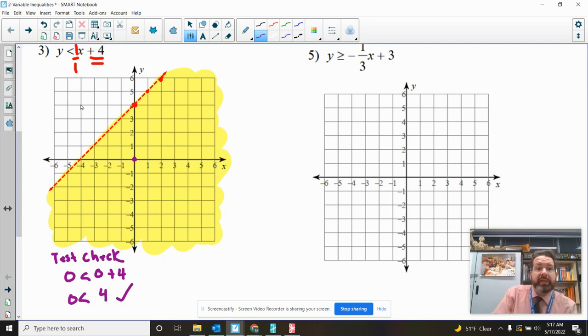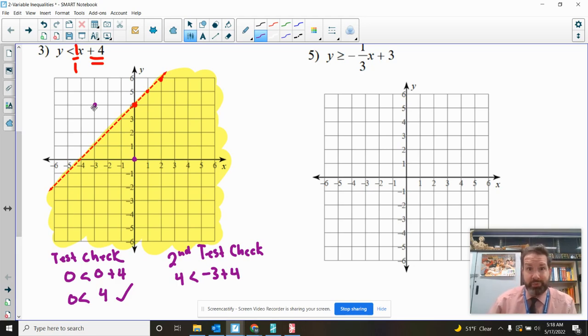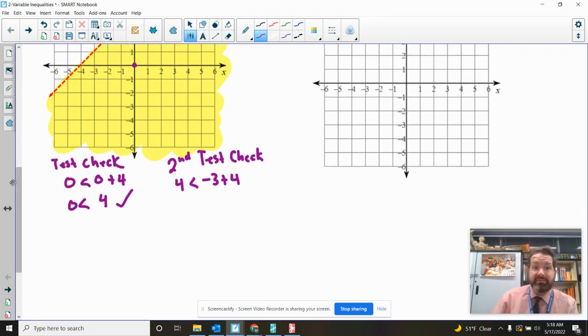So if I pick a point over here, like say this one, where x is -3 and y is 4, for our second test check, I should be able to put a 4 in for the y, a -3 in for the x, and what we want this time is to get something that is not true. I think this point is not a solution. Therefore, I want to get something false.